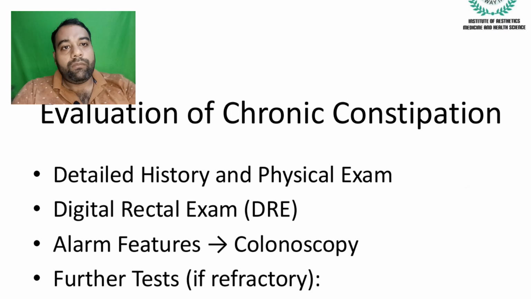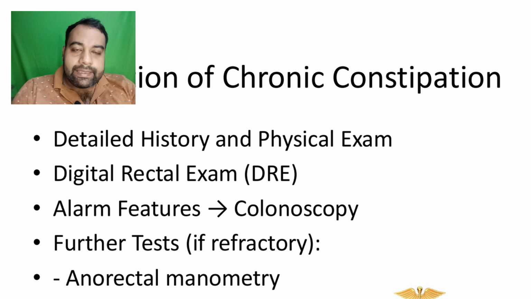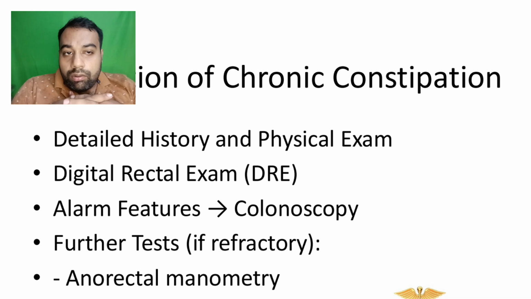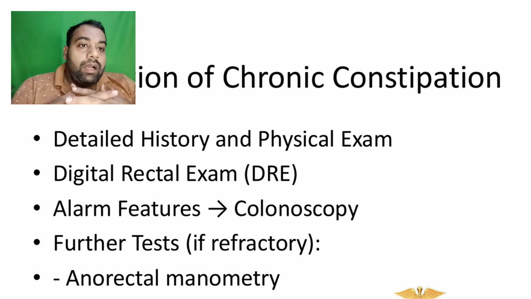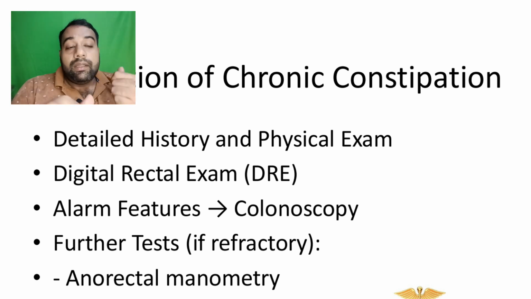Okay. Now regarding the evaluation of chronic constipation, the same detailed history and physical examination will always help you. Regarding the digital rectal examination, you must check the sphincter tone in this patient.